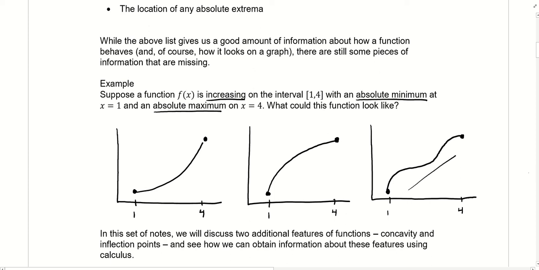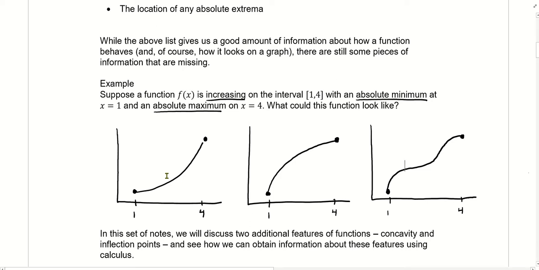Again, it's got that positive slope, it's increasing, it's got an absolute minimum and maximum at 1 and 4 respectively, but it looks like there are some other features that we haven't yet discussed that might define a little bit more precisely what the function is doing between 1 and 4, or how it looks between 1 and 4.